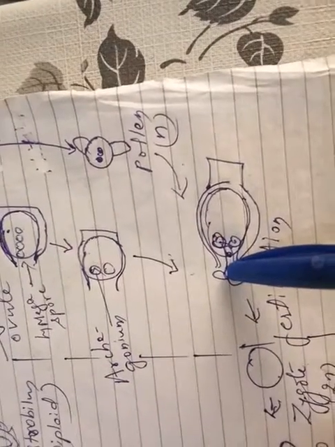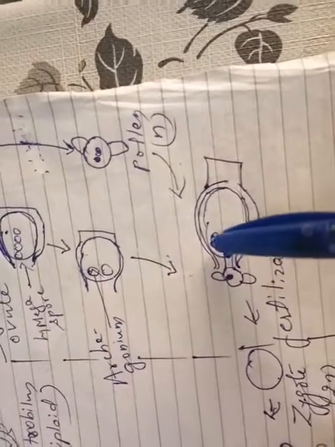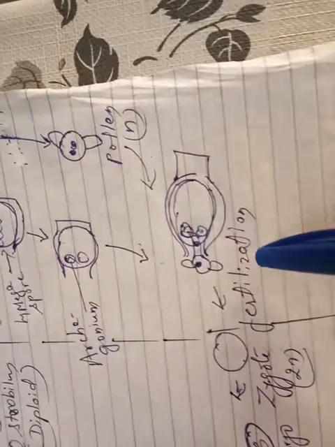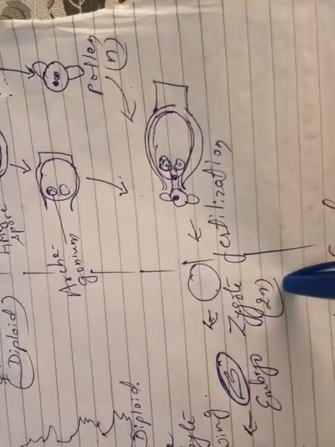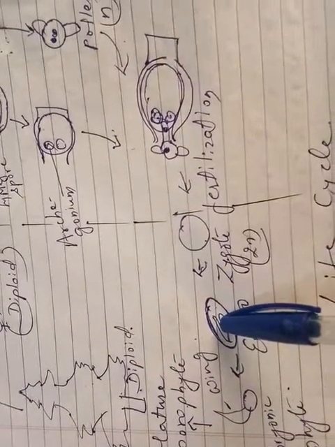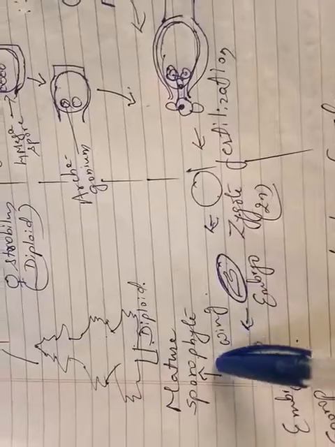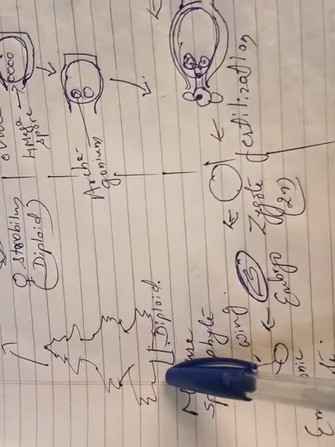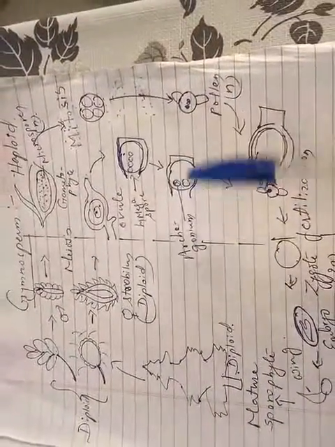The male gamete enters the female gamete, fusion takes place, fertilization occurs, and a diploid zygote is formed. The zygote gives rise to the embryo, while the ovule gives rise to the seed, which again gives rise to the sporophytic condition. So the sporophyte and gametophyte stages alternate with one another.